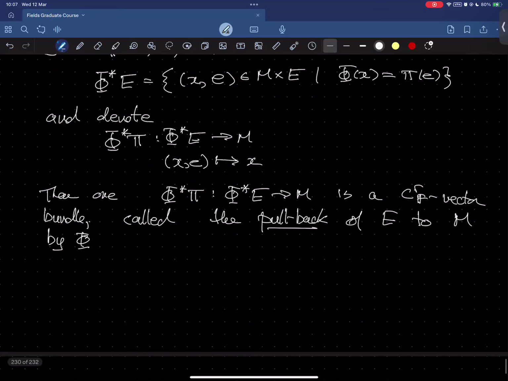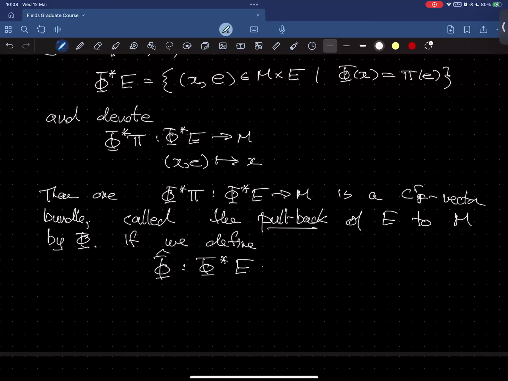One way to understand how everything fits together: we define a mapping, which I'll call phi hat, from phi star E to E, and this is going to take a point (x, e) and simply map it to e.